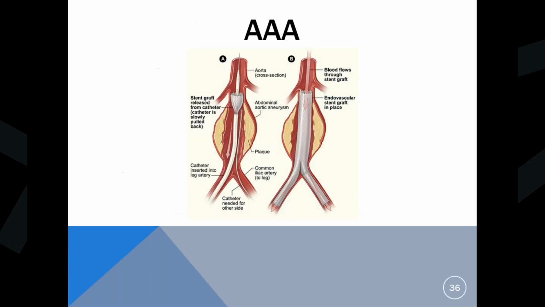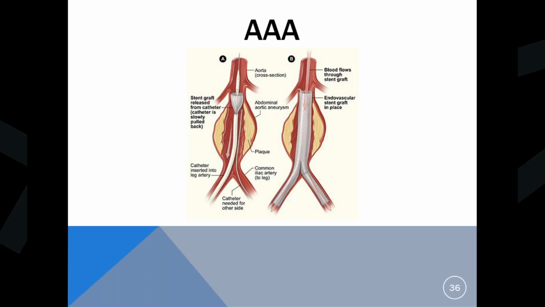Another thing that you might see in hybrid OR, which are probably more common than we really want to admit. Particularly men after the age of 50 and also smokers are susceptible to this. It's abdominal aortic aneurysm.